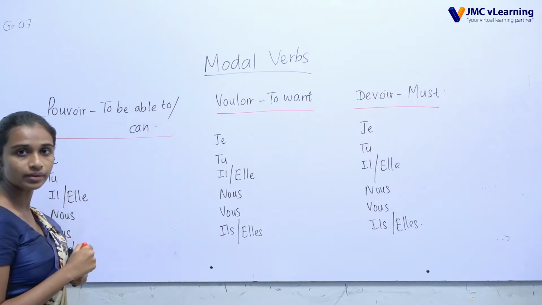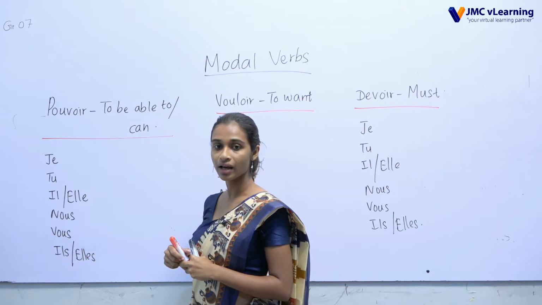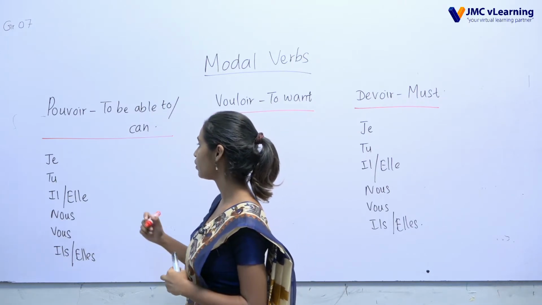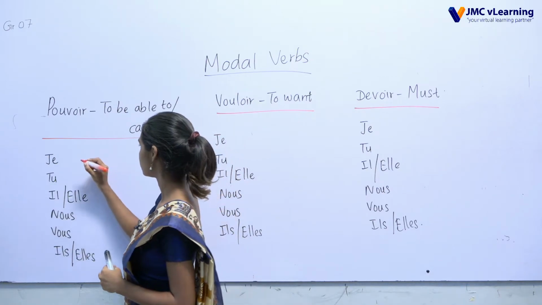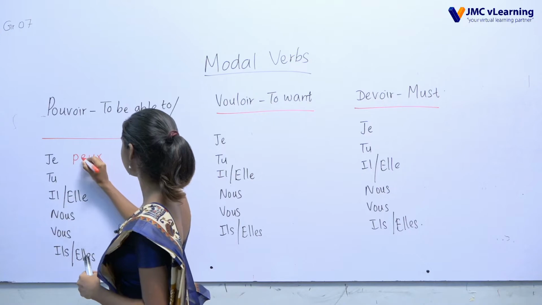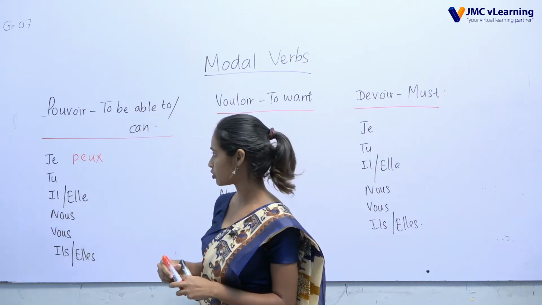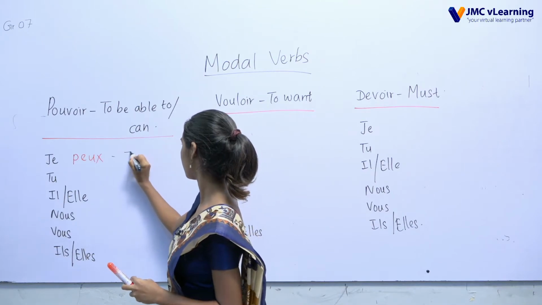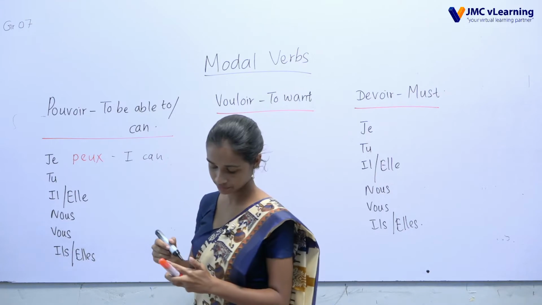Je means I. So when you want to conjugate je with pouvoir, je peux, je peux, which means I can.